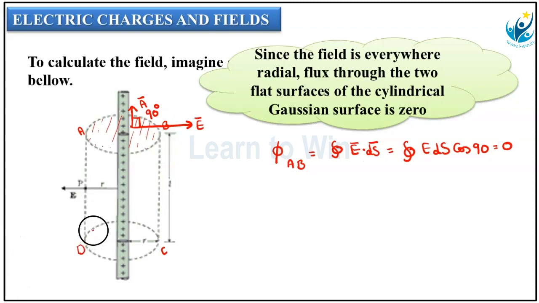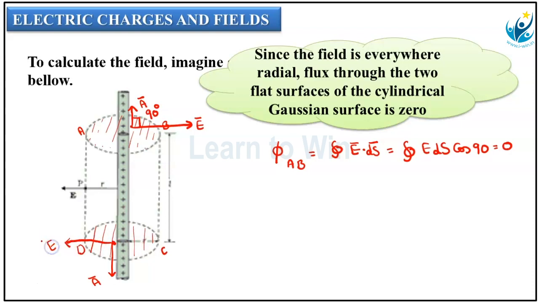Similarly, for the CD surface, this is the CD surface area. The area vector for the CD surface is directed downward. Let us consider that the area vector is A bar. At this point, due to the positive charge, the electric field is directed radially outward, along this direction.